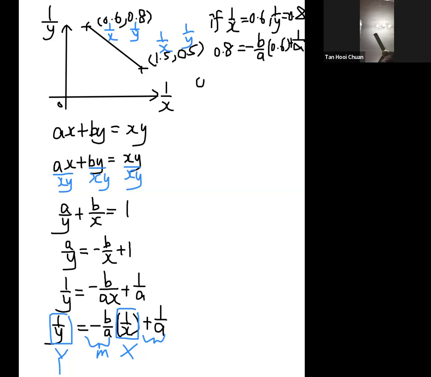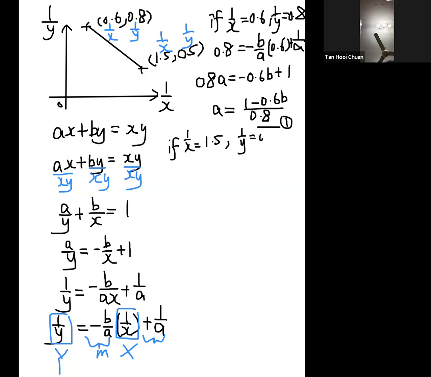So you times a for all the terms. Minus 0.6b plus 1. You times a for all the terms. So later 1 minus 0.6b divide by 0.8. That is a. Okay, next one. If 1 over x equal to 1.5, 1 over y equal to 0.5.